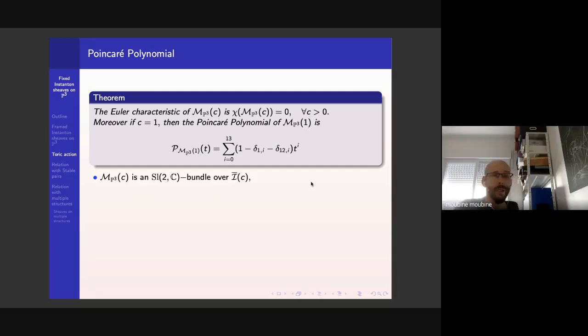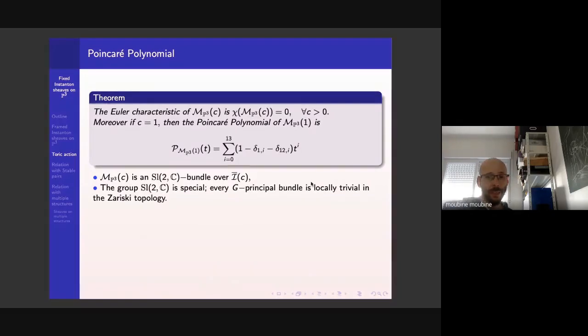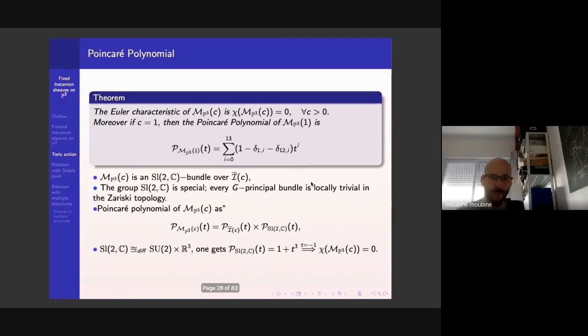Moreover, luckily, the group SL2C is special in the sense of Grothendieck and Serre. So this means that every locally isotrivial fibration is locally trivial in the Zariski topology, and hence we can use this product formula. And this gives the result because for SL2C we know its Poincaré polynomial, and we can compute the Euler characteristic.